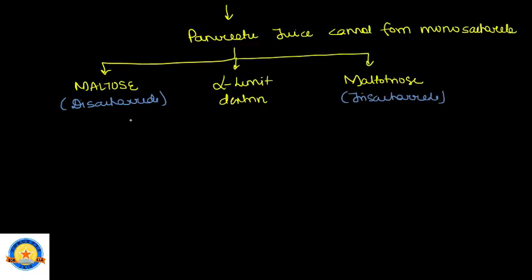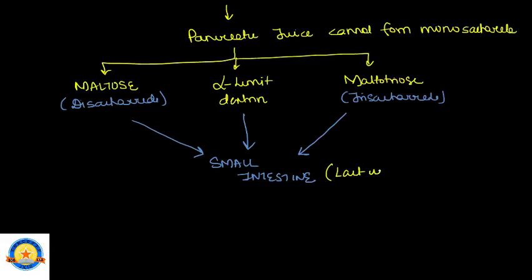Now, after the second part of the duodenum, these will enter the small intestine. In the small intestine, what are they acted upon by? They are acted upon by lactase, maltase, or in simple words, carbohydrate splitting enzymes.